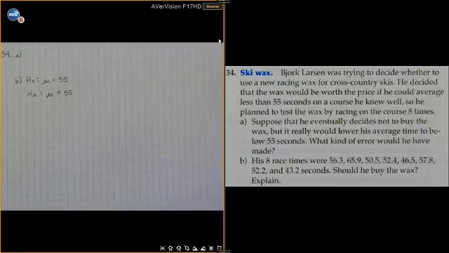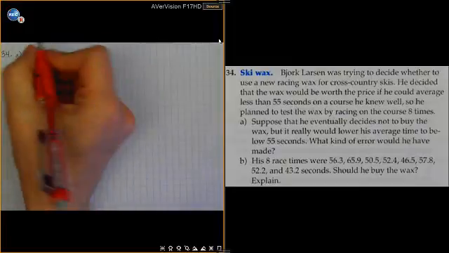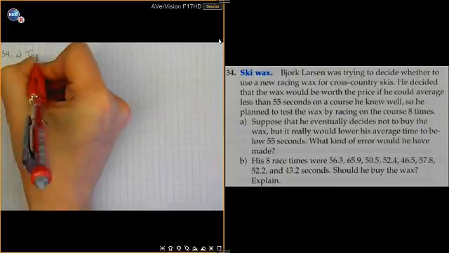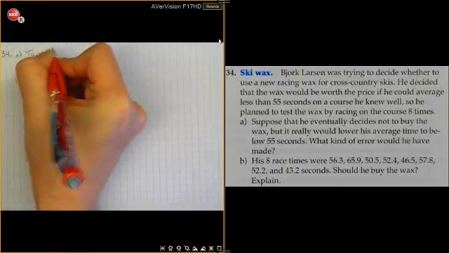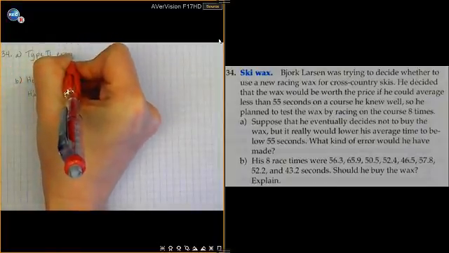So if the null hypothesis is false, and he fails to reject it, that is a type 2 error. So the null is false, but he fails to reject.